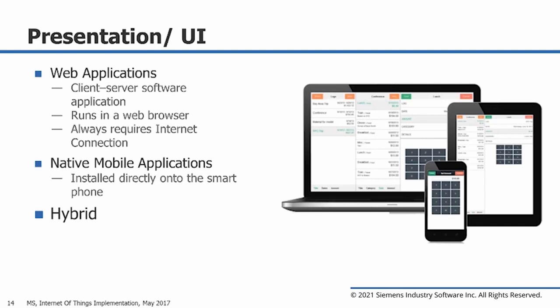Native mobile apps, on the other hand, are specific to a mobile platform. For example, for iPhones, this will be an iOS application. You can also build hybrid applications where you start with the native mobile application, but then use web application technologies.